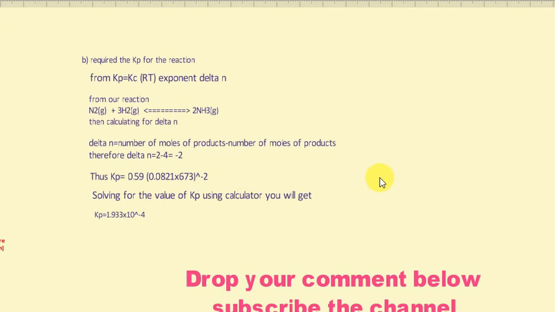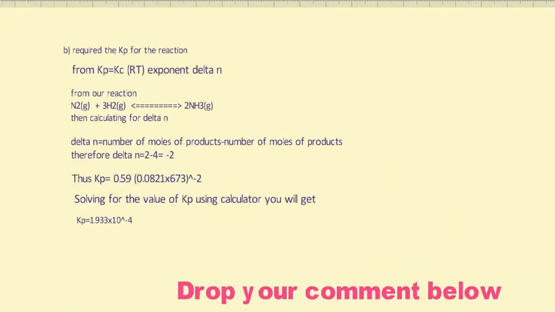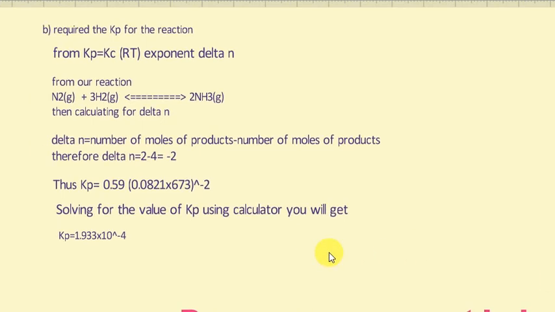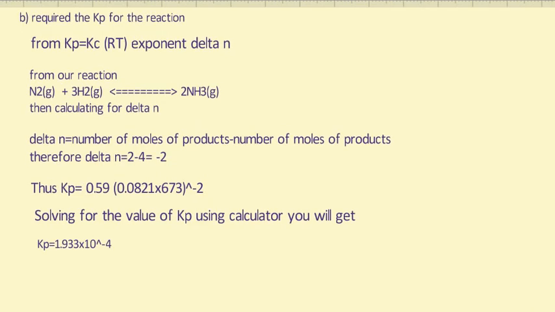Part B required finding Kp. And when finding Kp, as you remember, we said in equilibrium questions that Kp is equal to Kc times RT exponent delta n, that is, change in n.